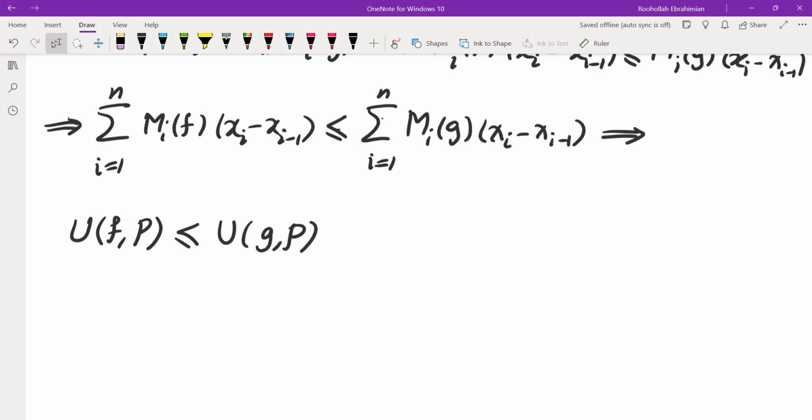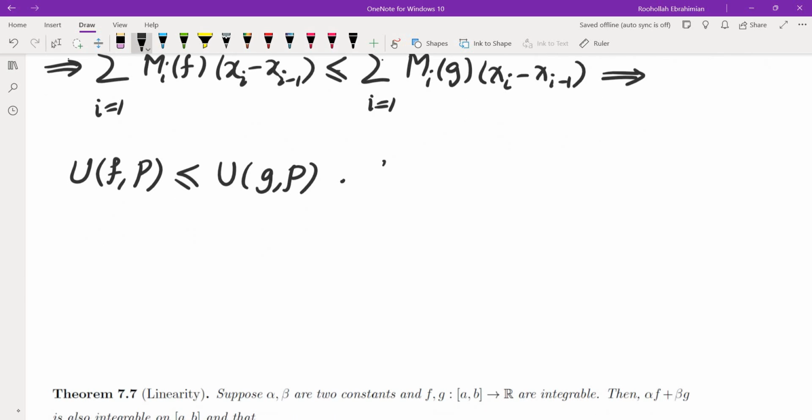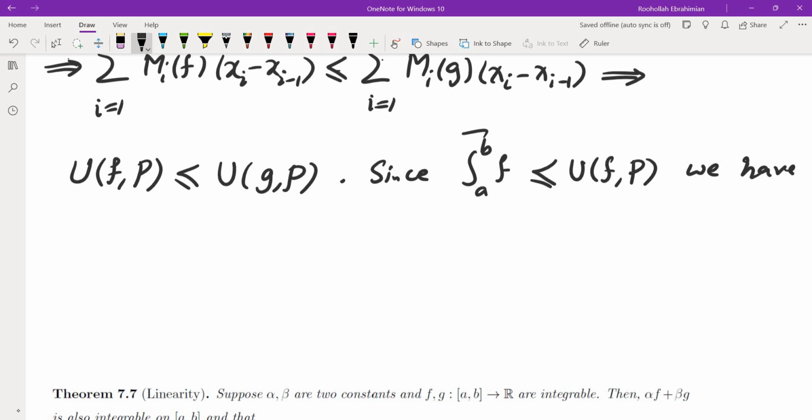Infimum of upper sums is going to give me the upper integrals. Upper integral is the infimum of all of the upper sums. So upper integral of f is less than or equal to the upper sum of f. We have upper integral for f is less than or equal to the upper sum for g.